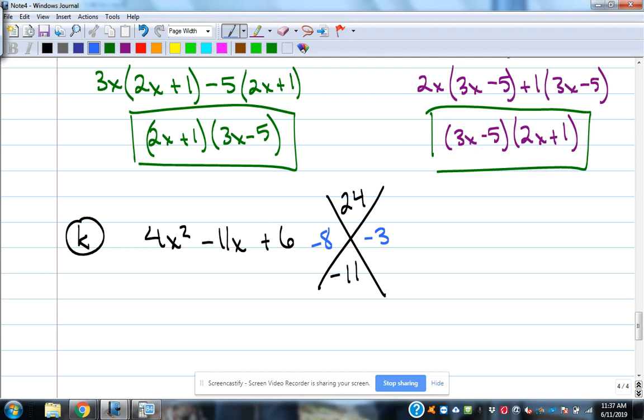The better you are at multiplication tables, the better you are at factoring. That's what I always tell my high school students that have somehow gotten by and not known the multiplication tables up to when they're freshmen in high school. I always tell them at the beginning of the year, go to the dollar store and buy some flashcards for $1, or they might be on sale. It might be 50 cents.